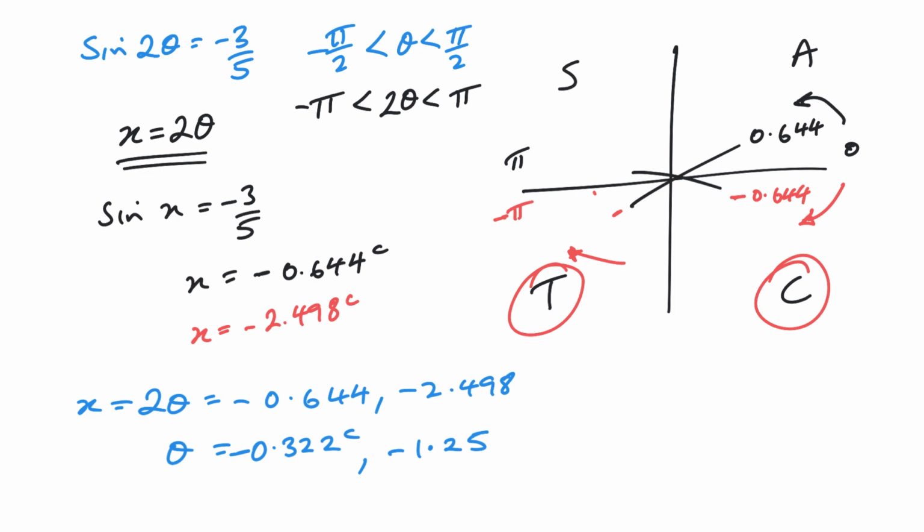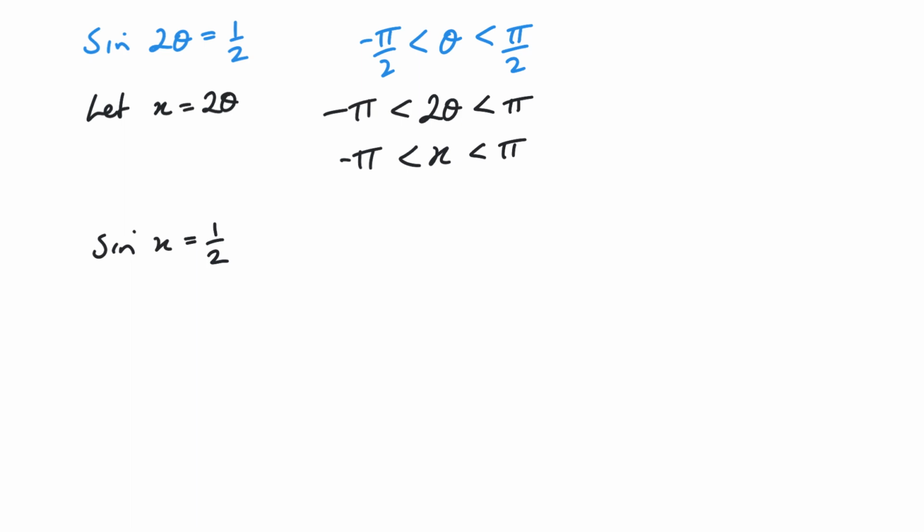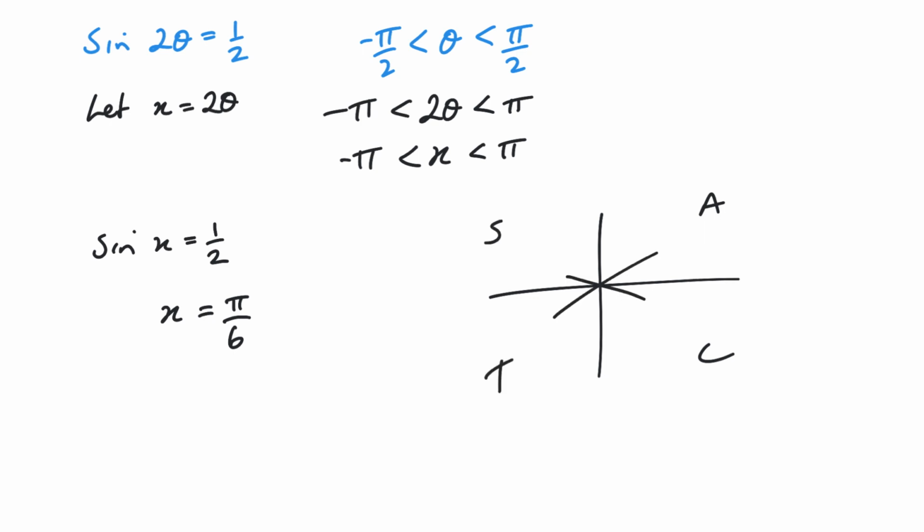Now we just need to find the other set of angles. And here we have, just setting up as before, sine 2 theta equals 1/2. When we let x equals 2 theta, we get sine x equals 1/2. Therefore x equals pi by 6. And then if I go to my cast diagram, again I'm going from 0 round to pi, and then I'll go 0 round to negative pi.